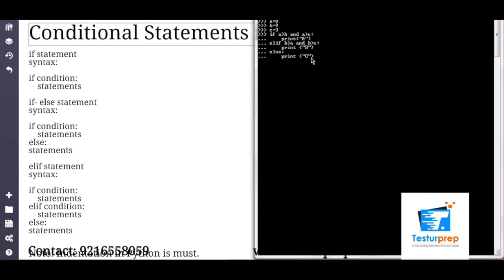Alright, so let's see what it gives us. The answer it gives us is B, because A was 8, B was 9 and C was 3. So out of all the three numbers, the greatest one is B, and we got the correct answer.